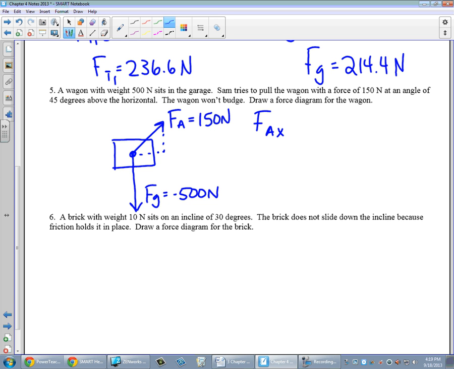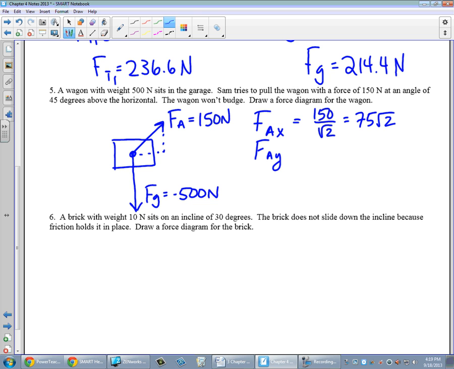The horizontal component, this is a 45, 45, 90 triangle. So to find the horizontal and vertical components, I would divide by the square root of 2. So FAX is going to be equal to 150 divided by the square root of 2, which is equal to 75 times the square root of 2. And that's the same thing as FAY.